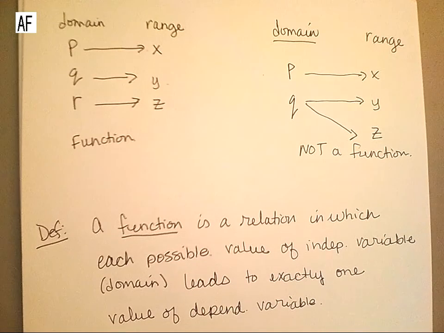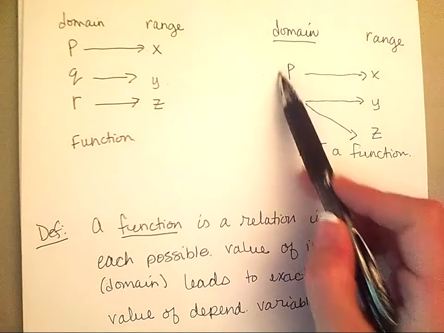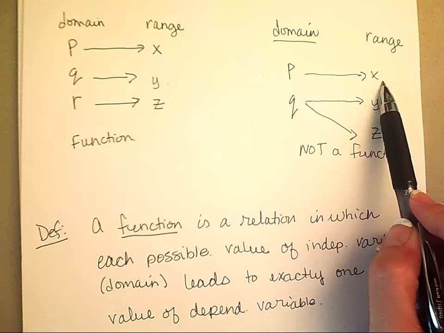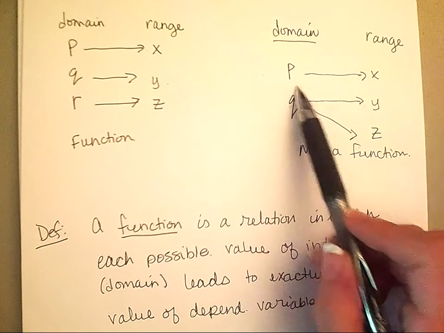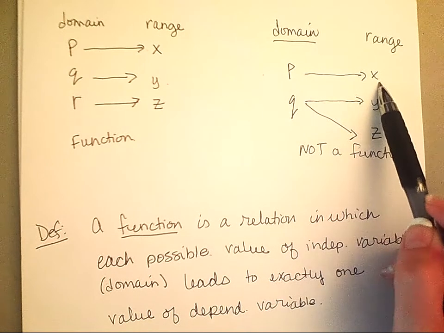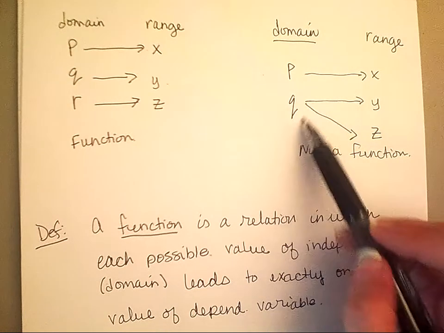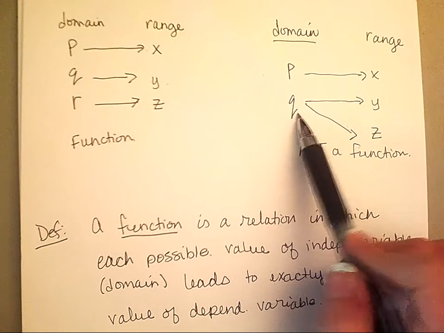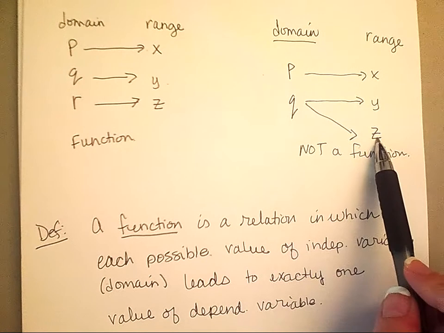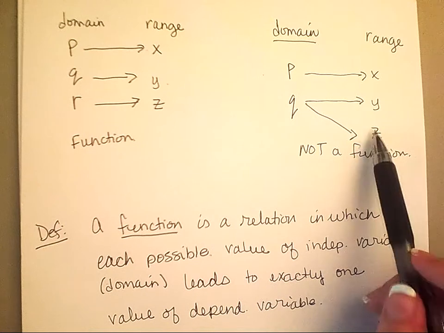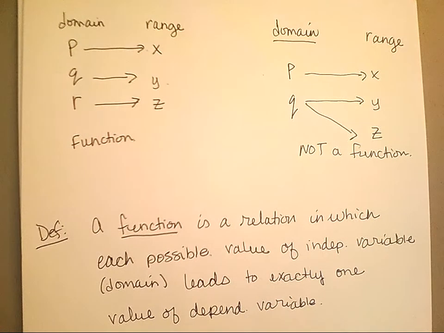This case, it's not true. This value only goes to one value in the range, which we've just called x here. But this value q is going to both y and to z. Okay, so this is not a function.